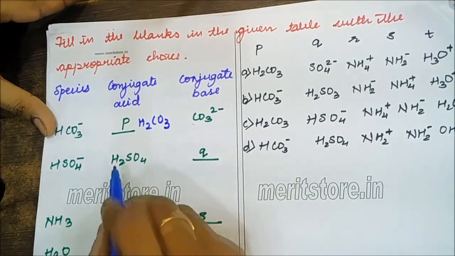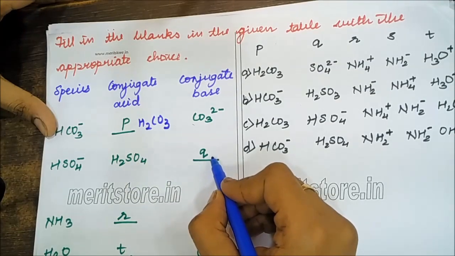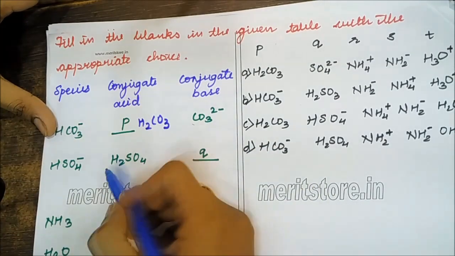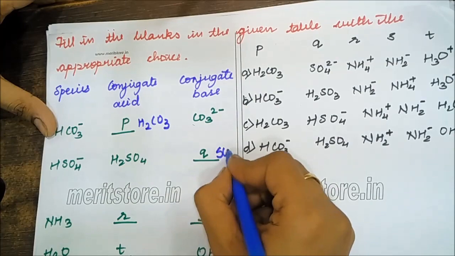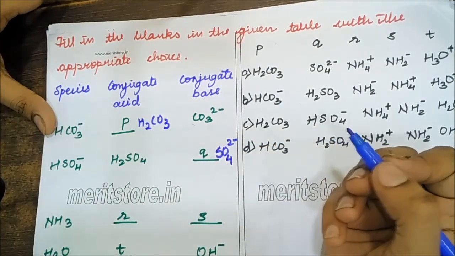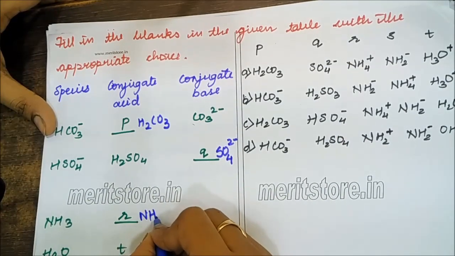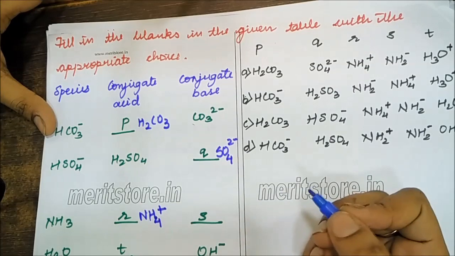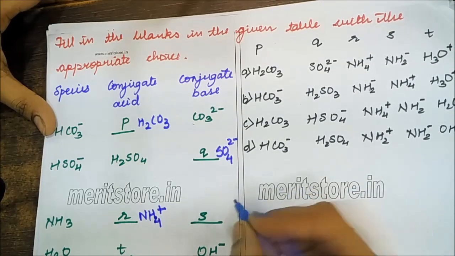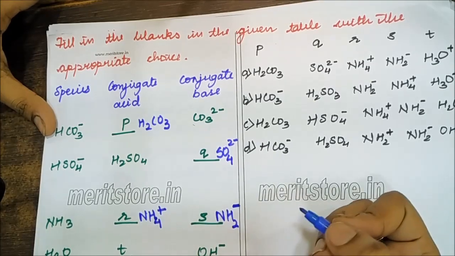In the same way, look here, I am given H2SO4. So what would be my conjugate base? After losing these 2 protons, I will get my conjugate base, which would be SO4 raised to 2 minus. And in the same way for NH3, my R value would be NH4 plus, and after losing protons, my species would be NH2 minus.